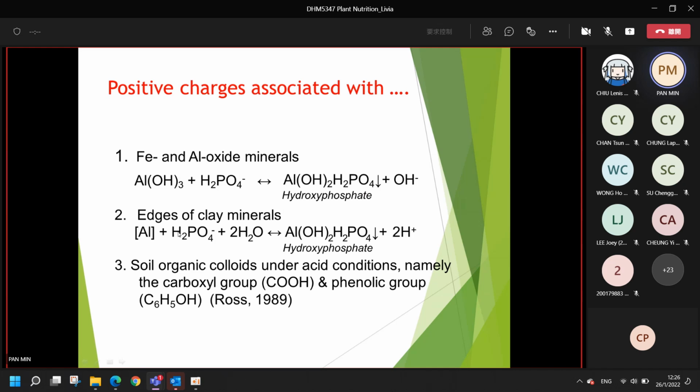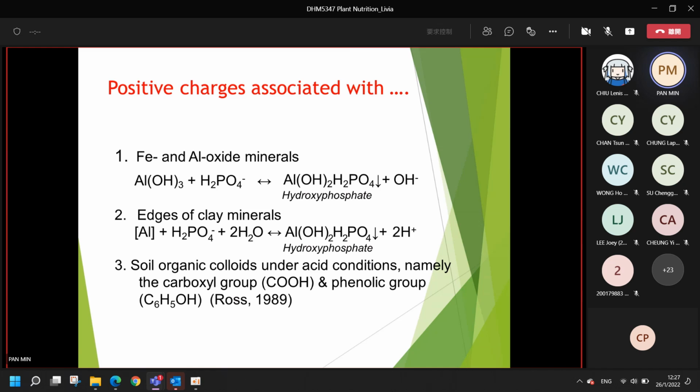And the edge of the clay mineral will have a reaction and combination with the anion forms of these nutrient ions.